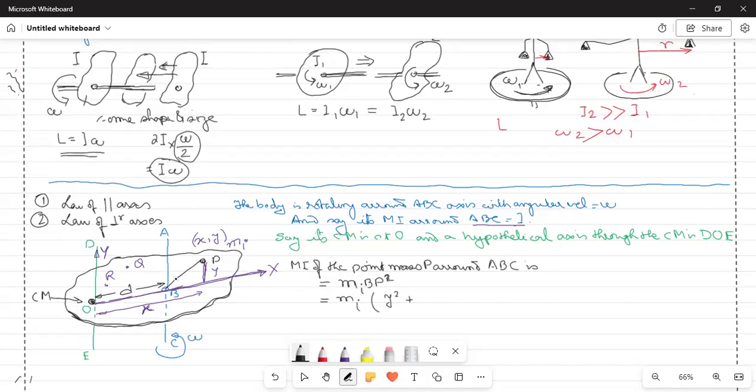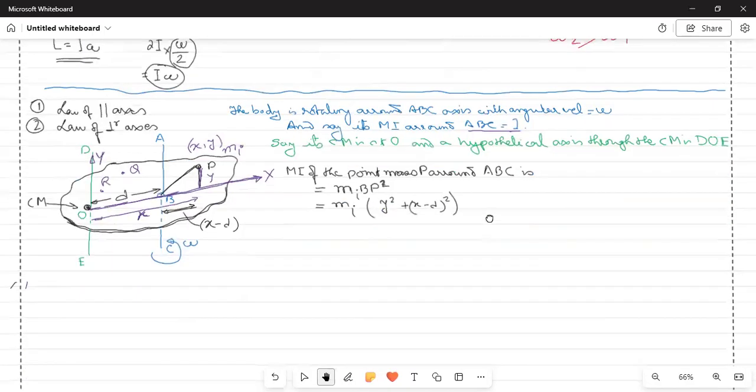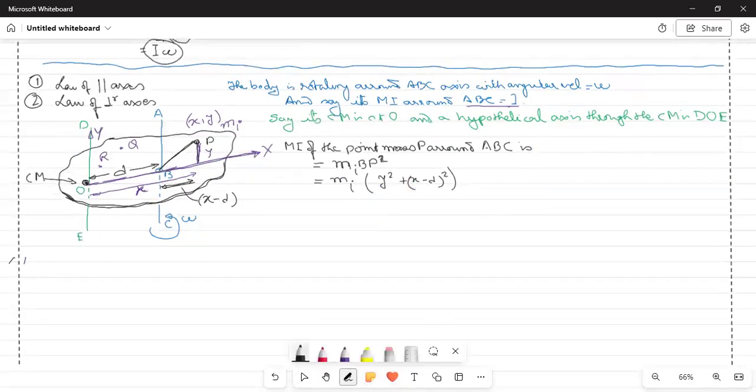So this BP square is y square plus this small distance square. This small distance is nothing but x minus d. So y square plus x minus d whole square. Right? So this is the BP square.